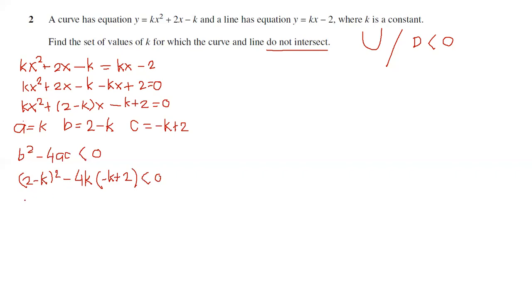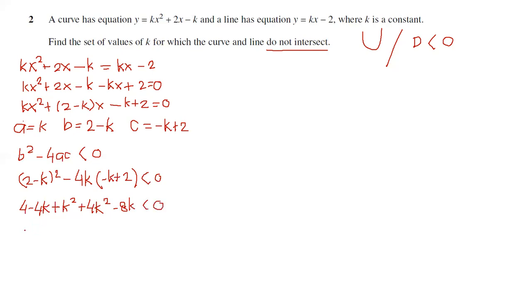It becomes 4 minus 4k plus k squared plus 4k squared minus 8k less than 0.